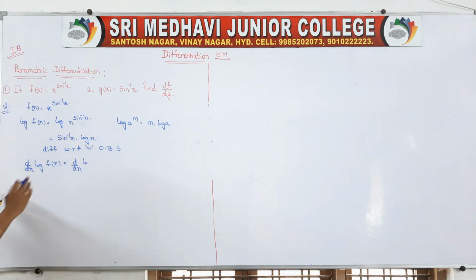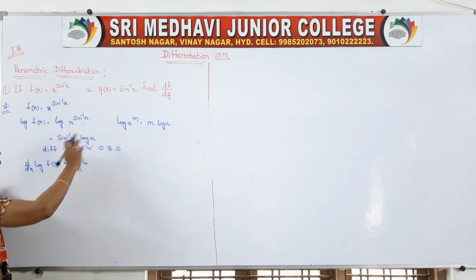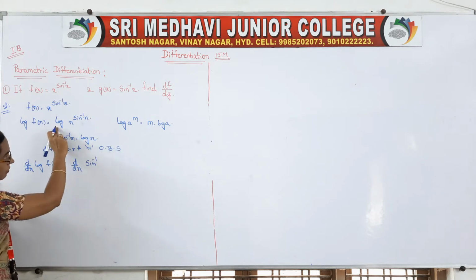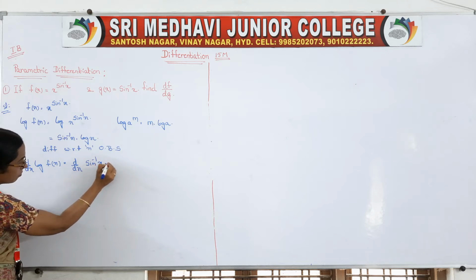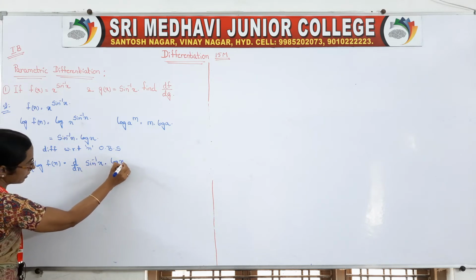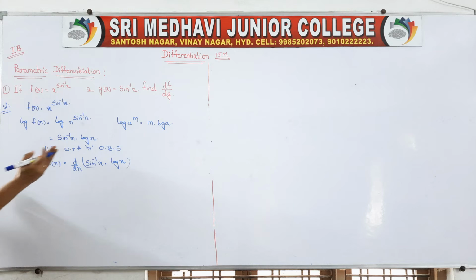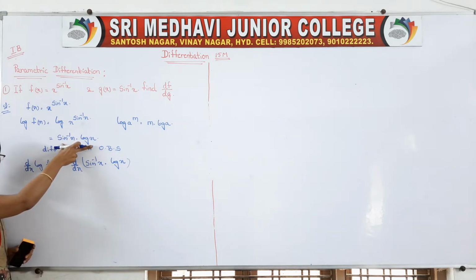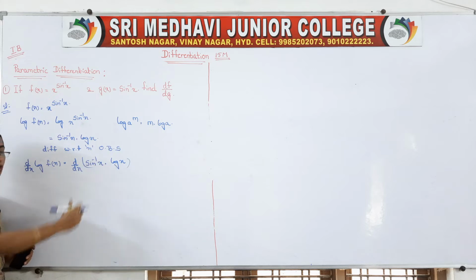After application of the formula, we got sine inverse x into log x value. After applying the formula, we got this one. That has to be taken log on both sides.